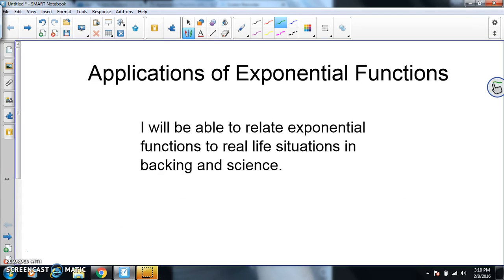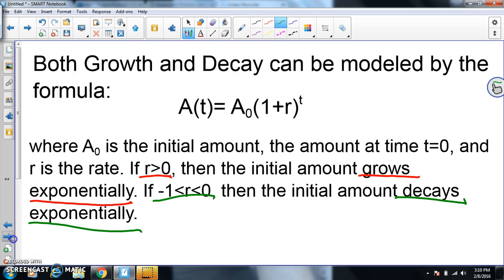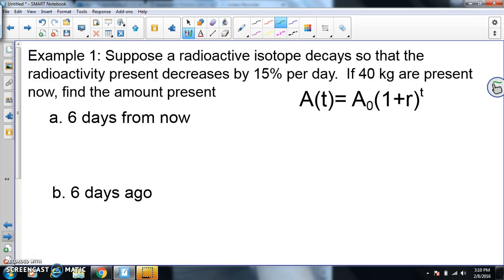So let's try an example. Suppose a radioactive isotope decays so that the radioactivity present decreases by 15% per day. If 40 kilograms are present now, find the amount present 6 days from now and 6 days ago.